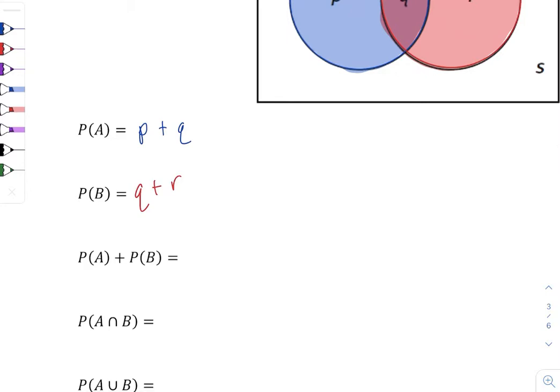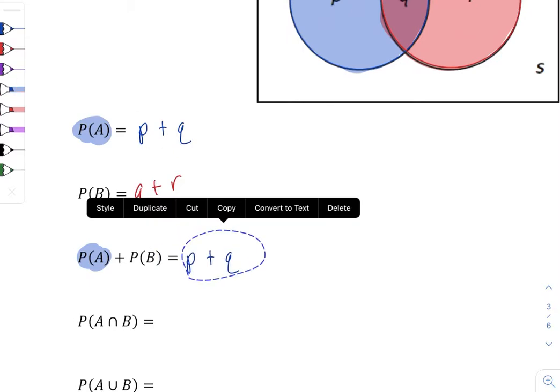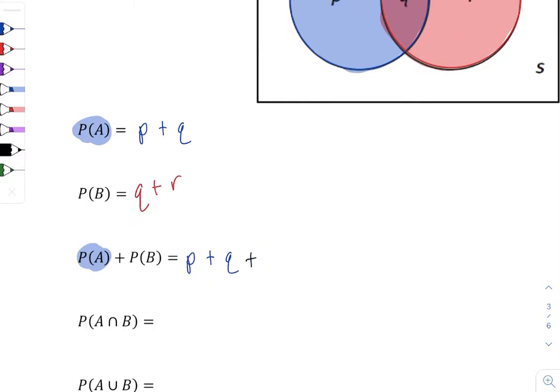If I wanted to find the probability of A plus B, I'd add these two things together. We have the probability of A, which we found to be P plus Q, and I add to that the probability of B, which we just found to be Q plus R. So to find the probability of A plus B, I add those two individual probabilities together.